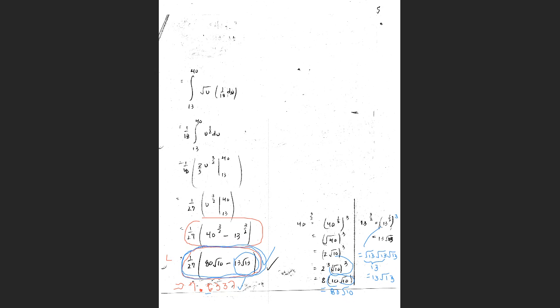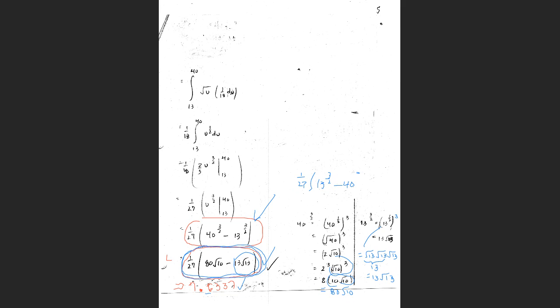Okay, what if we got an answer like this? Let's look here. Suppose we got an answer of 1/27 times 13 to the 3 halves minus 40 to the 3 halves.